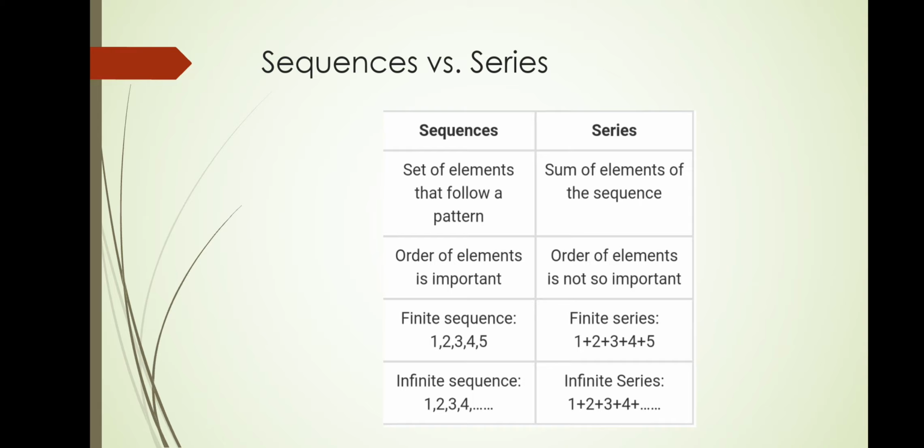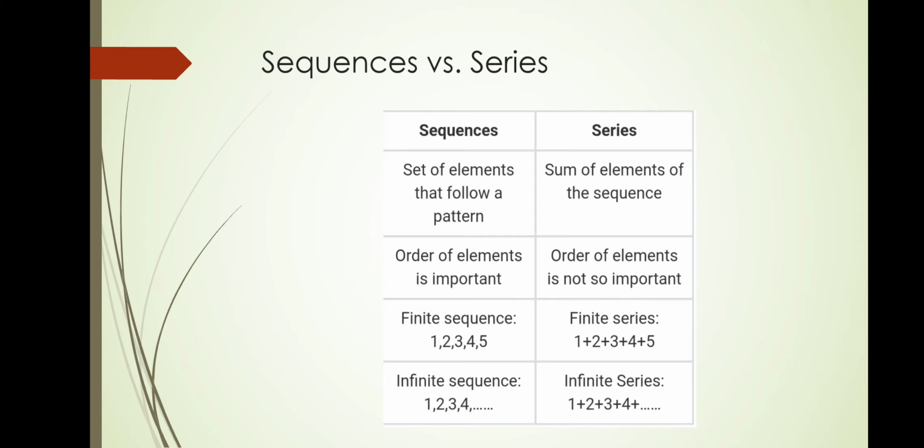Since you add each element of a sequence, we follow the commutative property, in which in addition or multiplication, the position of the addends or the factors doesn't affect the result.